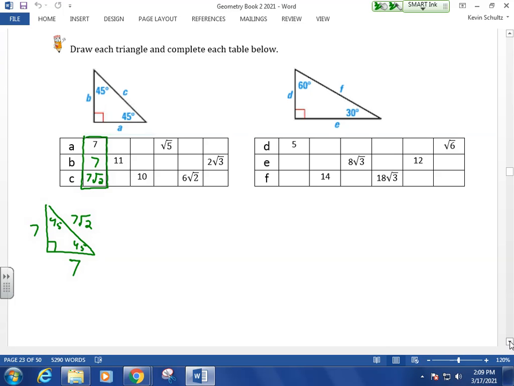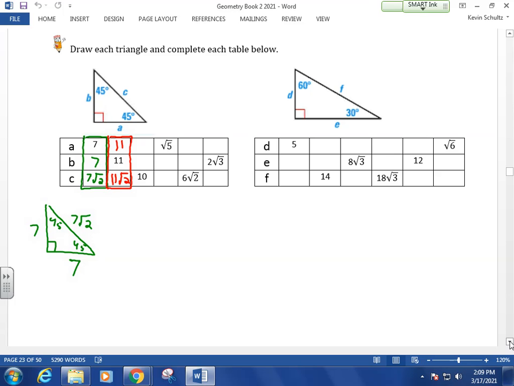Then you move on to the next one, which is a different triangle, right? This time the B value is given to you, which is 11, which means that side A is 11, and side C is 11 root 2. And then things get fun in the next one, don't they?